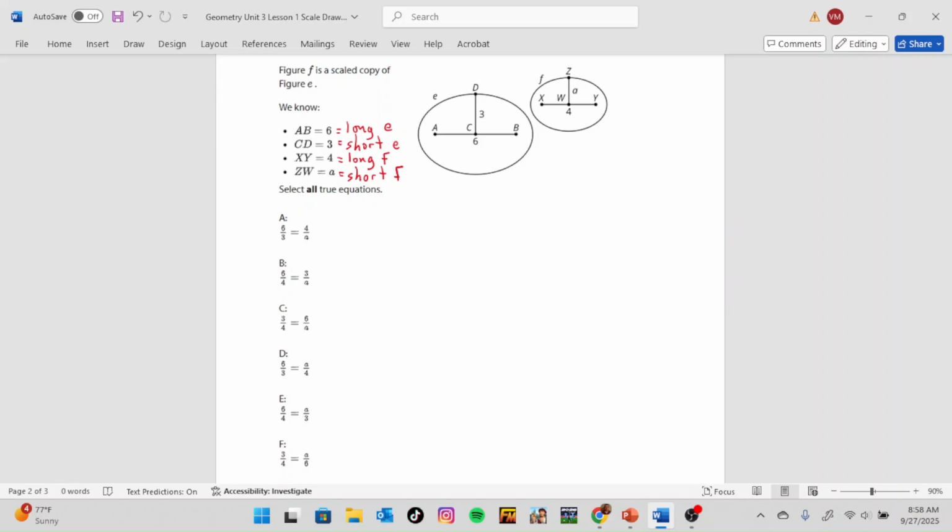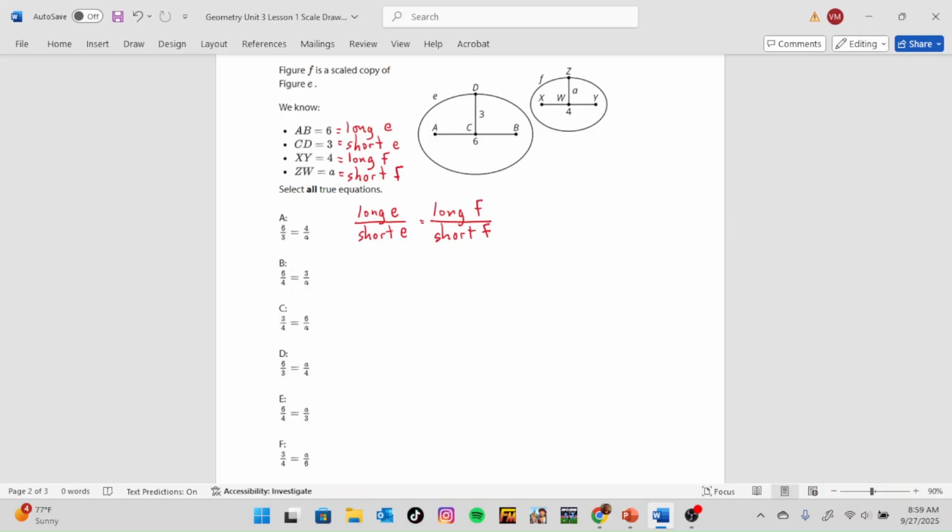So if I look at A, on top on the left I have 6, and we said that was the long E. And on the bottom we have 3, which we said is the short part of E. And then on the right, on the top is 4, which we said was the long part of F. And on the bottom we have A, which we said is the short part of F. So what you're really comparing here is the ratio of the long part of E to the short part of E is equal to the long part of F in relation to the short part of F.